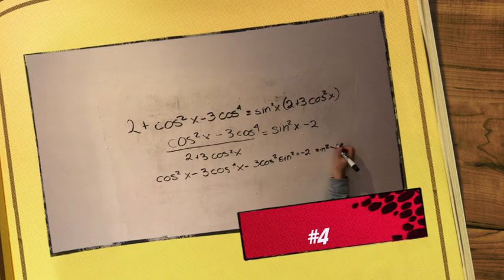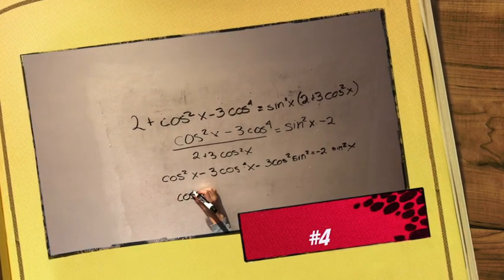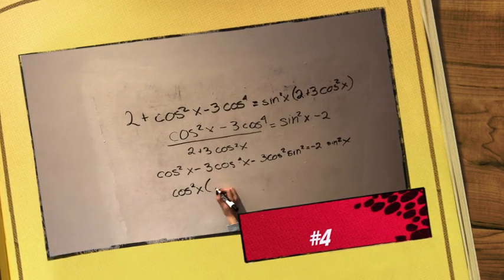What we want to be left with is a 1 over a sine, which is cosine squared of x.